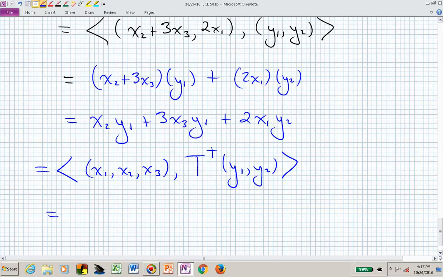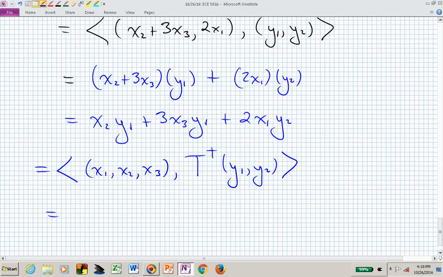Meaning, let's order that in a way that we can explicitly see what x1 scales, what x2 scales, and what x3 scales, because the result of T dagger y1, y2 needs to be a 3 vector, and whatever it is will be what is multiplied by x1, x2, x3 coordinate-wise.